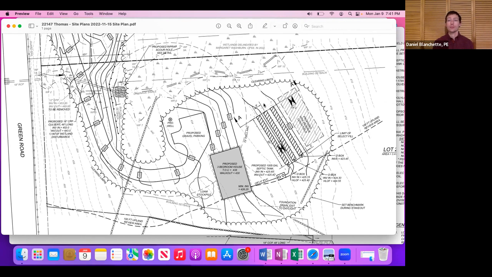Mark, I move to accept application 12-22-01, 171 Green Road, by Jared Thomas, map 5703, block 10, lot 28A, for a construction of a driveway across a wetland, as well as work in the upland review area for the construction of a 3-bedroom, single-family home, driveway, and septic system, and well.